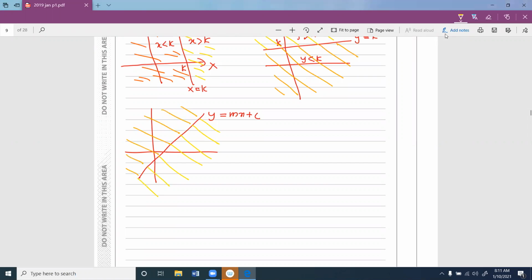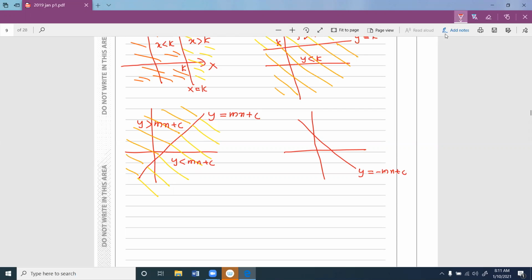This area above, we can call it y is greater than mx plus c. The area below becomes y is less than mx plus c. This is common for the other side as well. If you get a graph like this way around, this line is y equals minus mx plus c.